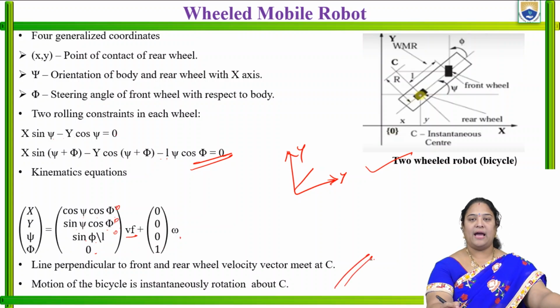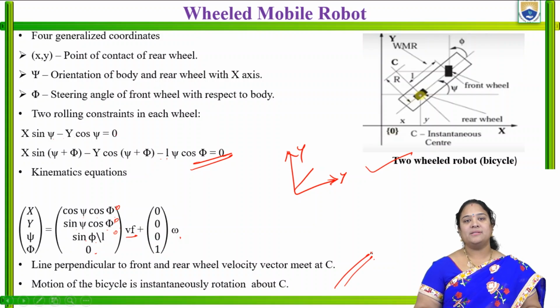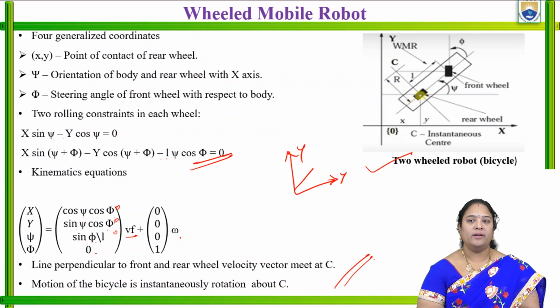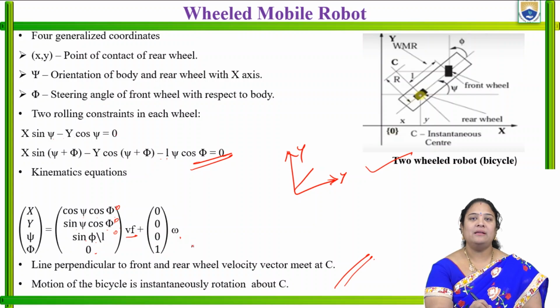So this is how we calculate the x, y, psi, pi matrix when we have two-wheeled robots moving on a particular surface, that is generally called a bicycle. For a bicycle, we have two wheels attached to a cycle. So this comes under that particular consideration.